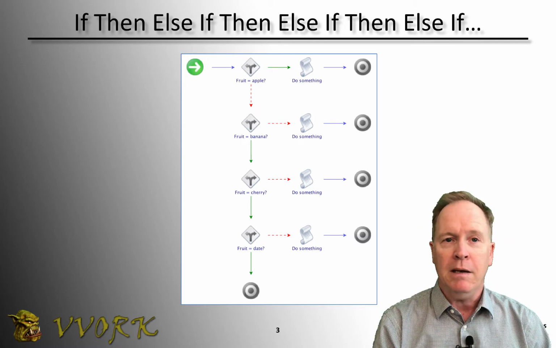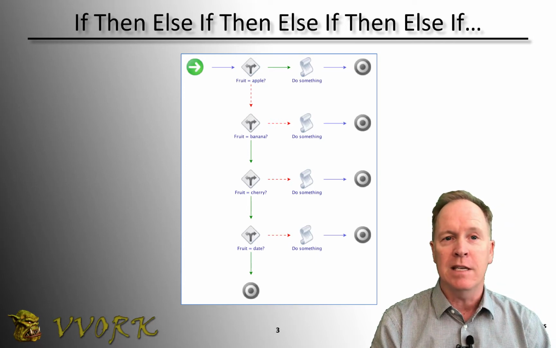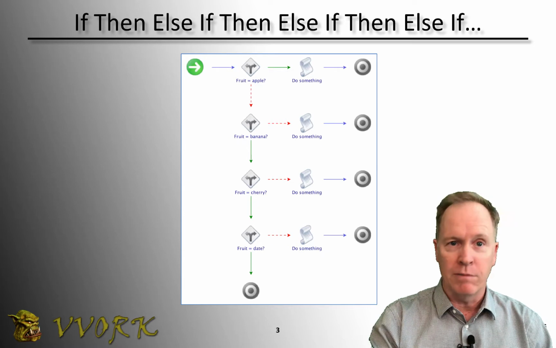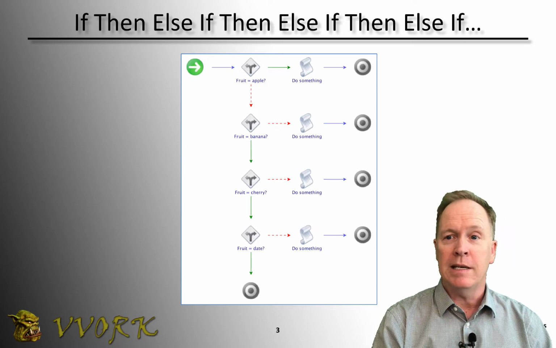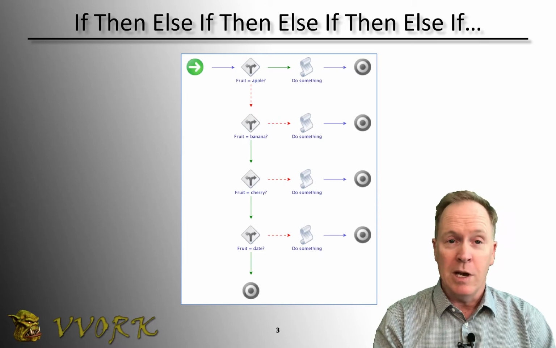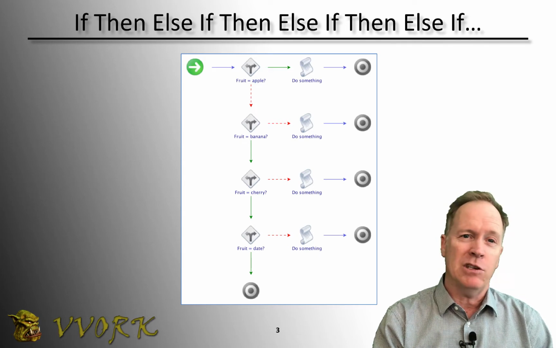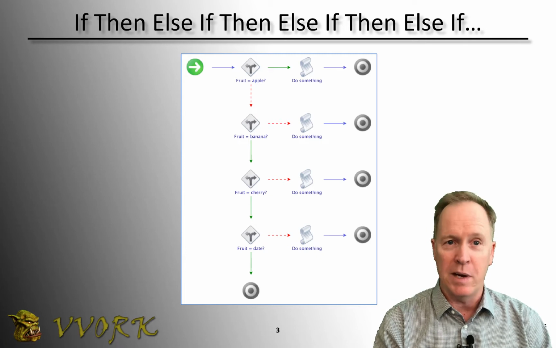Do you really want to define each of these decision elements, and worse yet, complicate your workflow by having 20, 30, 40 different decisions? In cases like this, when you're just looking at the same variable but looking for different values, that screams out for you to use something called a switch.